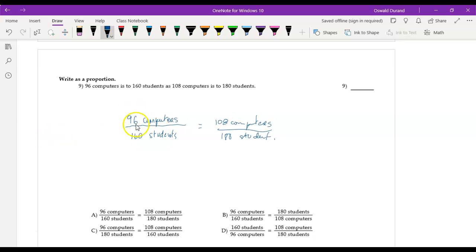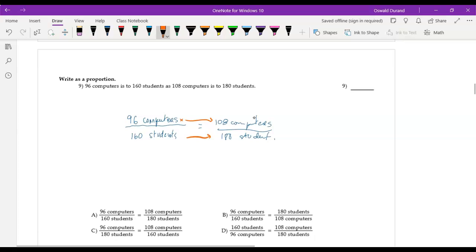Okay, so basically you want to match the numerator. Both of them have to be computers, right? The numerator having computers, and the denominators students to students, or it has to be the other way around.